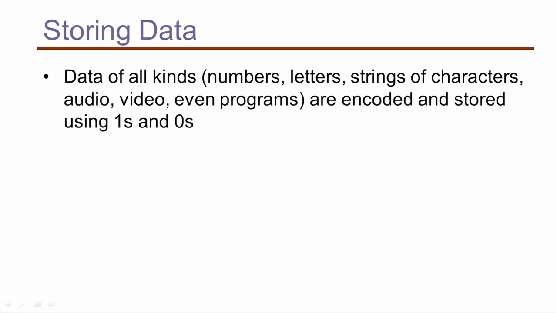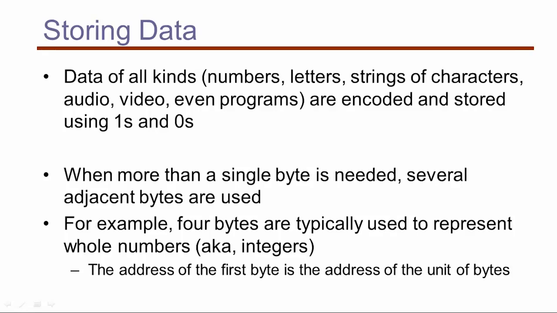And since a byte, which is 8 bits, can only represent 256 different values, we usually have to group bytes together so that they can represent even larger sets of values. For example, to represent an integer in the computer, we usually group 4 bytes together, which allows us to represent over 4 billion different values.